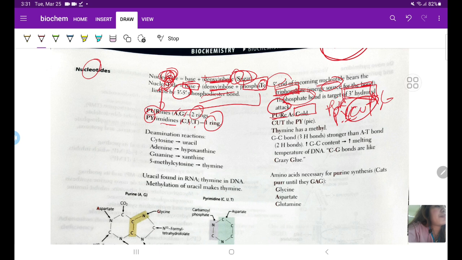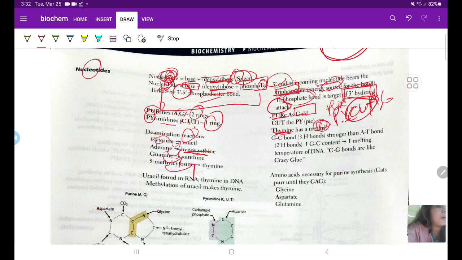This is a very effective mnemonic. And then, thymine has a methyl in it. For the deamination reaction: cytosine becomes uracil, adenine becomes hypoxanthine, guanine becomes xanthine, and 5-methylcytosine becomes thymine.